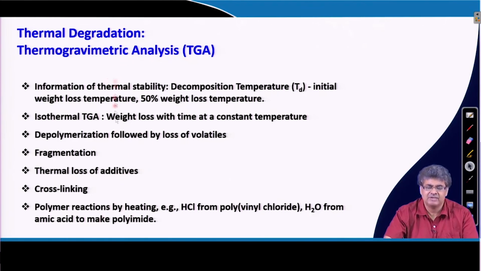These are indirect analyses, not direct analyses. It basically finds the mass of the sample as a function of temperature. Generally an inert atmosphere of nitrogen or argon is used, but if we want to find the oxidative stability of a polymer sample, then we need to do the analysis in air or in the presence of oxygen.